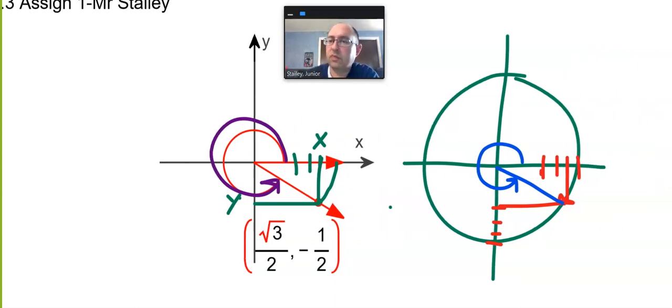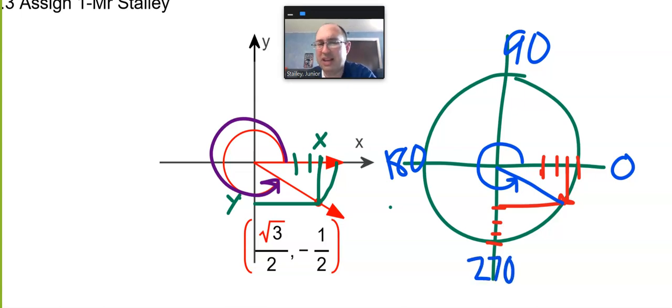Well, we do know that that's 0, 90, 180, 270, so we know it's past 270 degrees. We know that the x value is radical 3 over 2, so it's the third one from the left. We know the y value is negative 1/2, so it's the first one down.